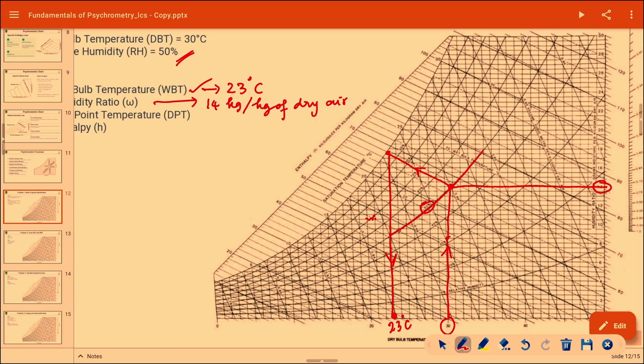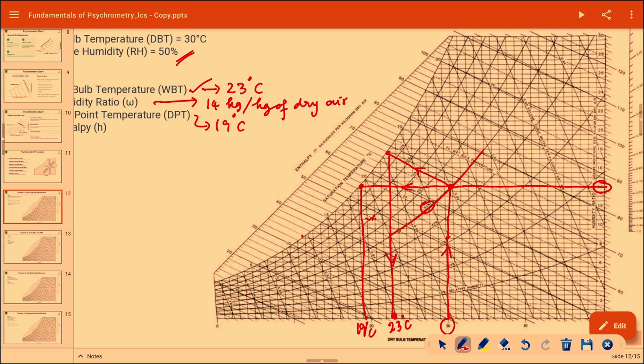Move horizontally in the leftward direction till you hit the saturation curve, then draw a vertical line. We end up here, 19, around 19 degrees Celsius, approximately 19 degrees Celsius.